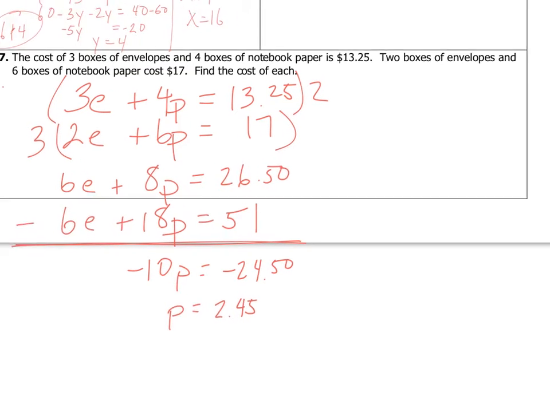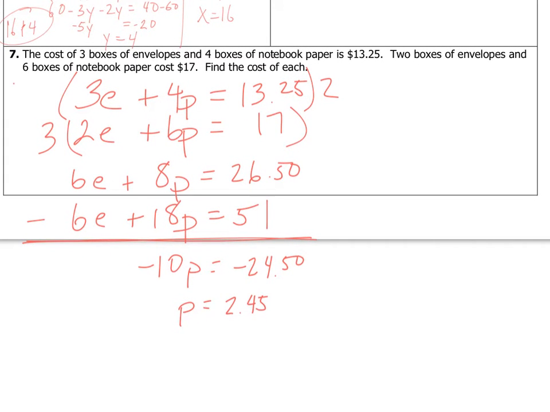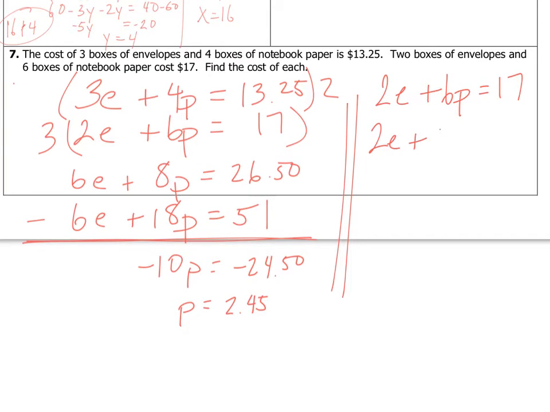Go ahead and let's slide over a little bit. Pick either equation. 2e plus 6p equals 17. Again, everywhere I see a p, I'm going to plug in 245. So 2e plus 6 times 245 turns out to be 1470. We're going to subtract that from 17.